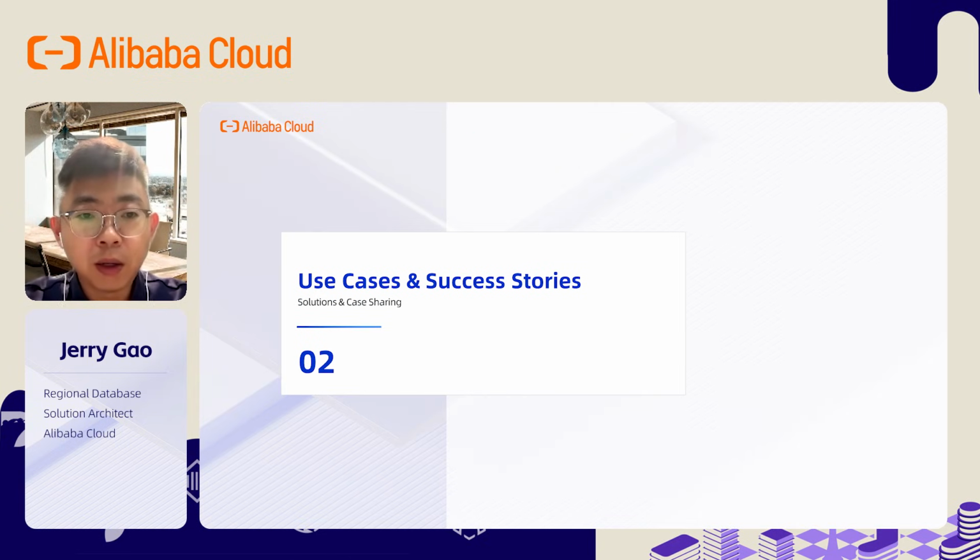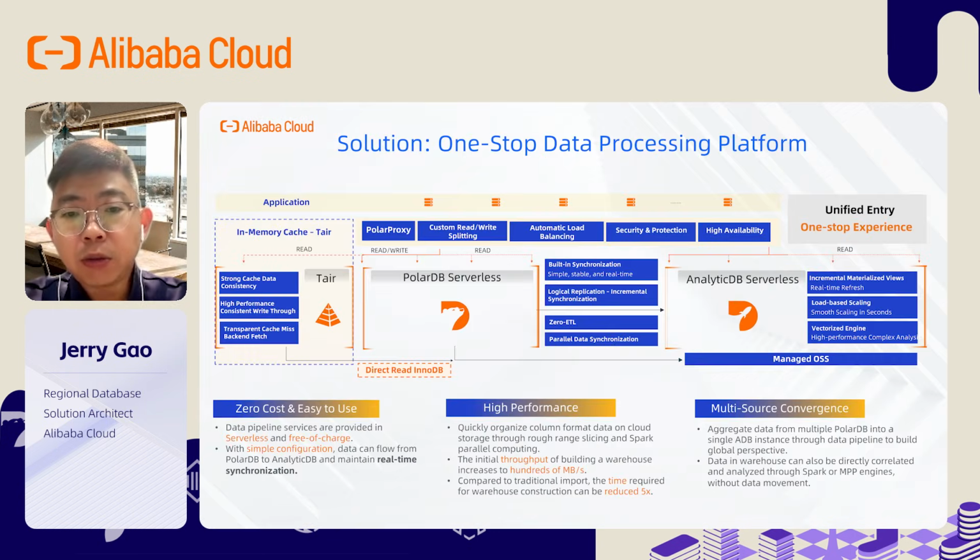In the second part, let's walk through some typical solutions and real customer cases. Actually, most of the time, we are not using one single database. Based on our real cases, we need to use several databases in combination to support the whole business scenario. On this page, this is a typical solution example.